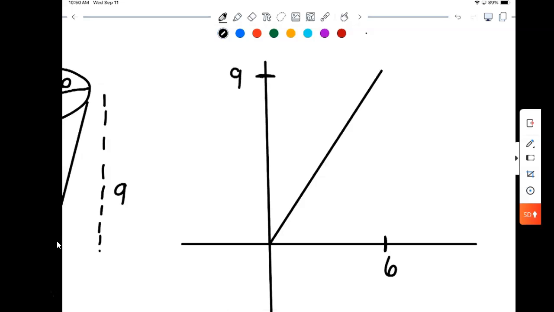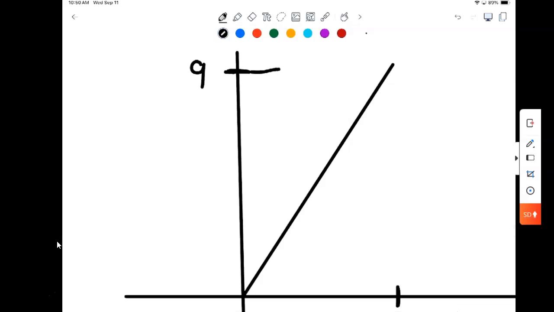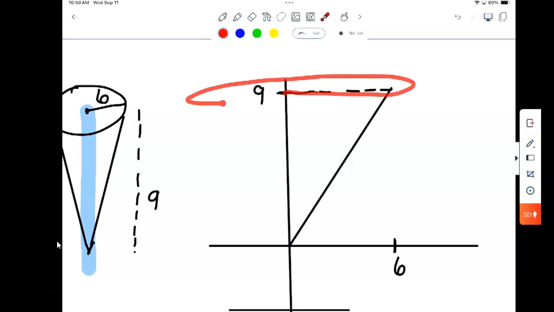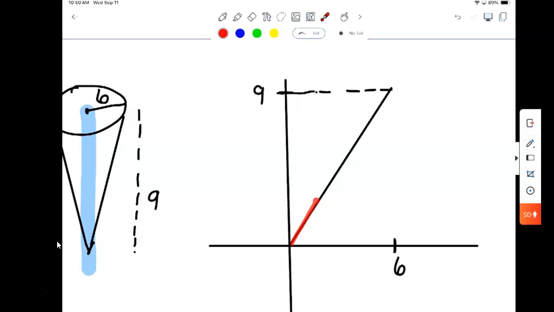We're going to take that line and revolve it about the y-axis, the way I've drawn the picture anyway. That way you have your radius 6 here, and that's going to produce your cone. So we need to find the equation of this line. It has 0, 0 as a point, and it has the point 6, 9.